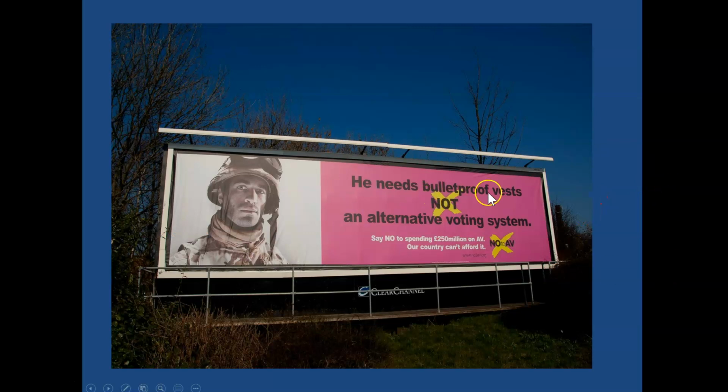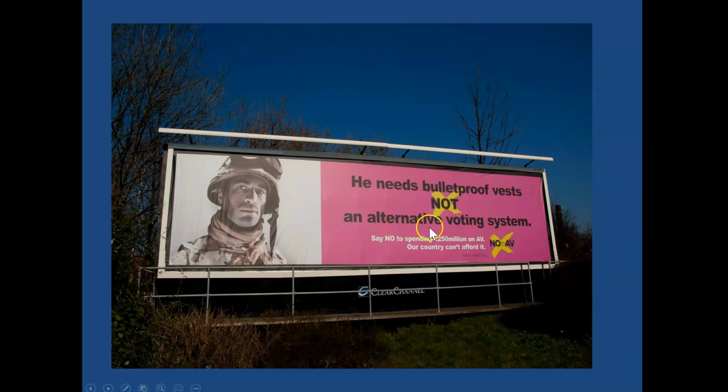Examples. This is a bulletin board in the UK. He needs bulletproof vests, not an alternative voting system. Right? So apparently they had some referendum up about whether or not they should have an alternative voting system, and whoever put this billboard up, I guess it's No to AV, said, look, you've got a choice.